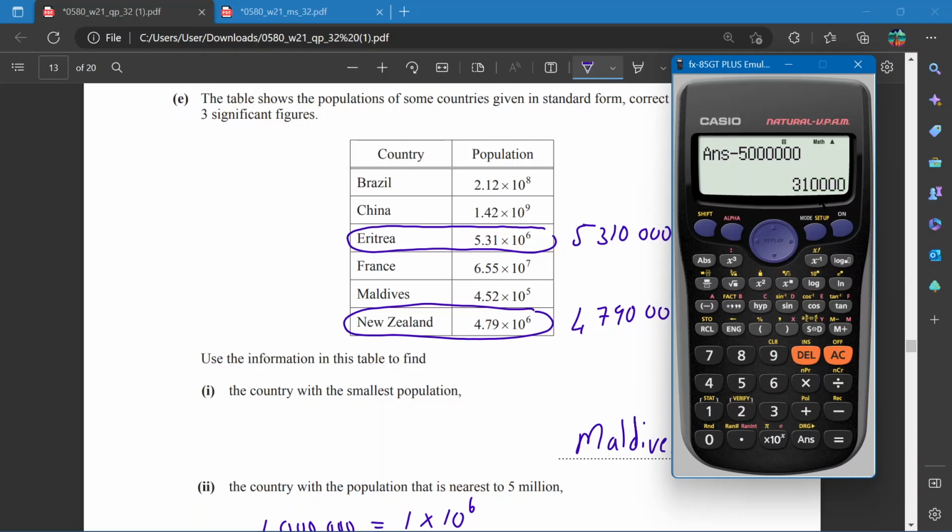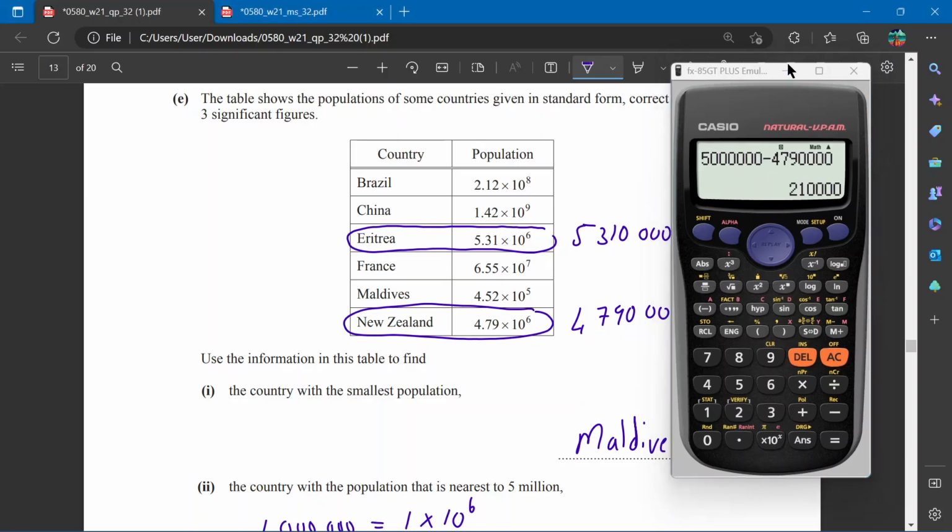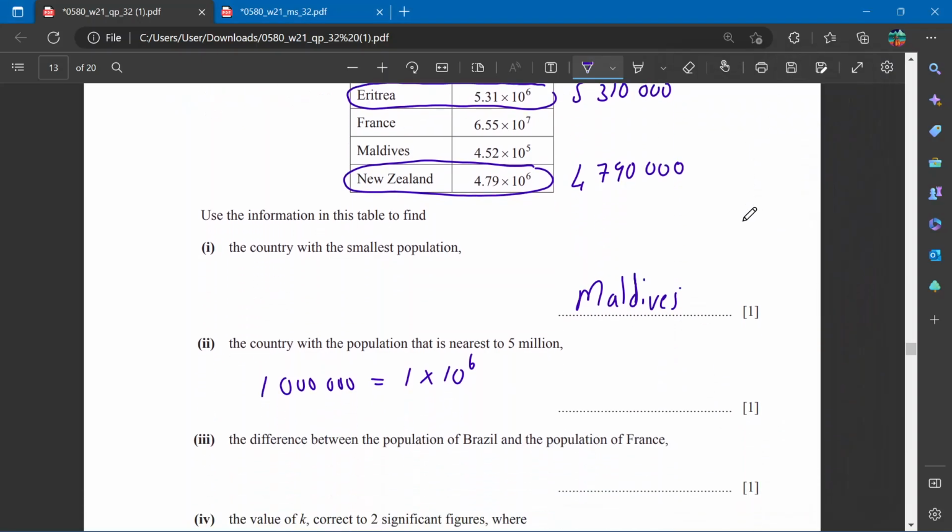So that's 310,000 away, of course, logical. What about this one? Let's take 5 million and subtract from that 4,790,000. Bam, 210,000. That's closer. That's definitely closer. 210,000, 310. So the answer being here, New Zealand.